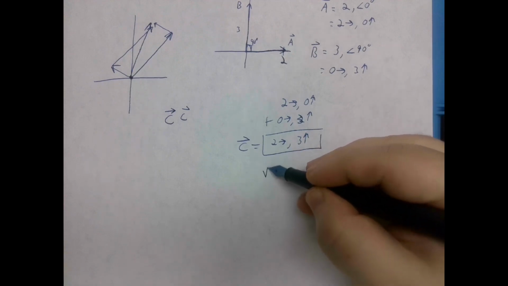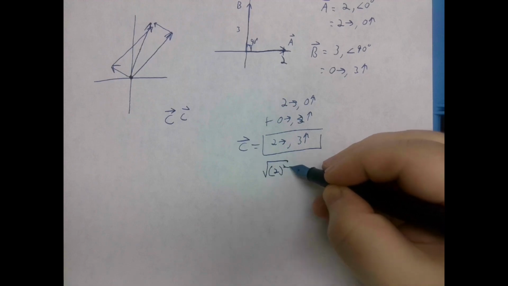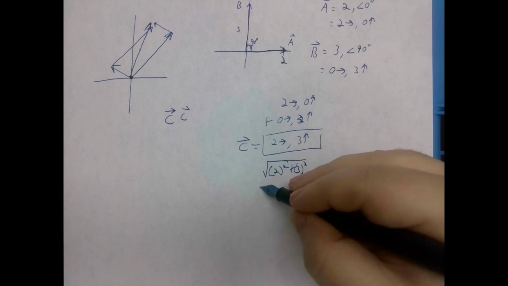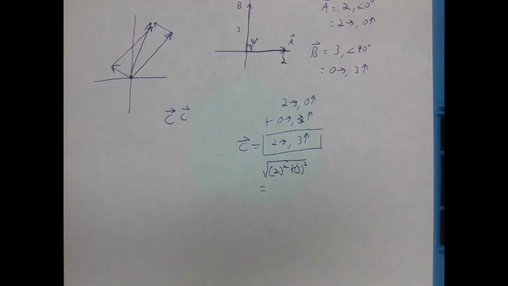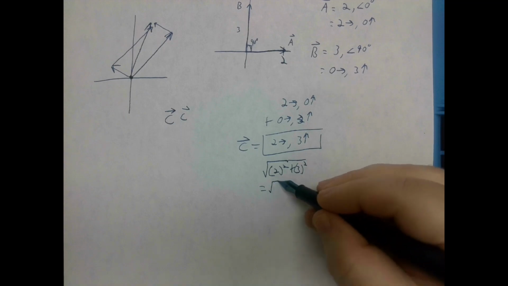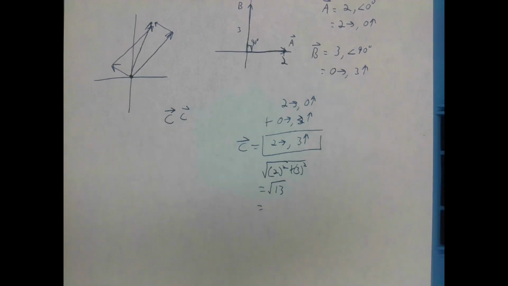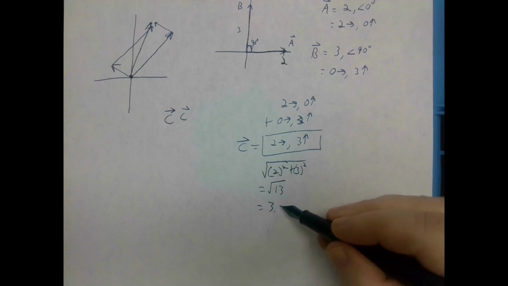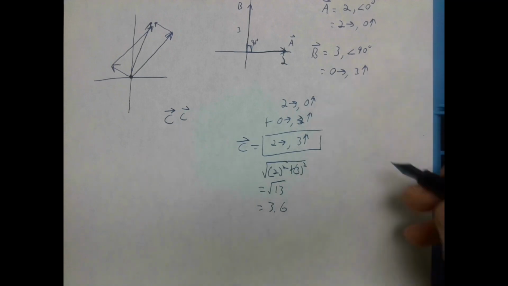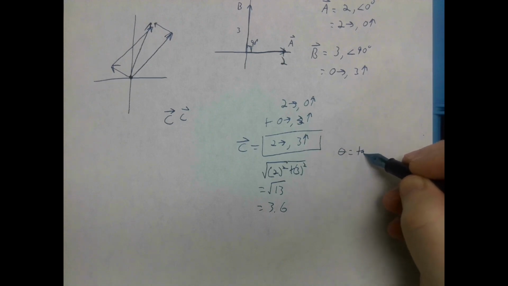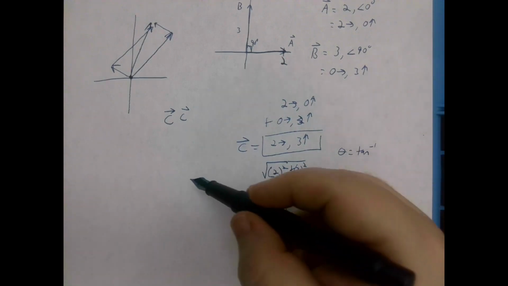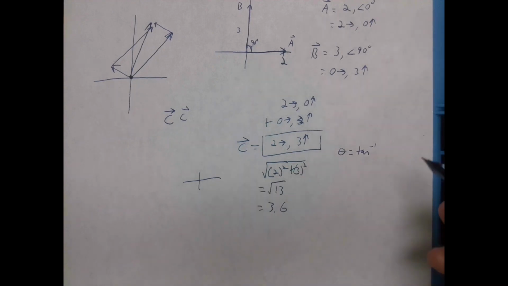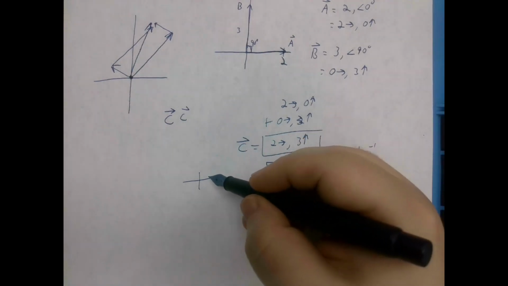To get it in angle form, the magnitude of it would be equal to the square root of the sum of the components squared. So 2 squared plus 3 squared, so that's the square root of 13, which is equal to 3.6, roughly. And to get the angle, theta would be the inverse tangent. Measuring it off of the right x-axis, you need to know what quadrant it is.